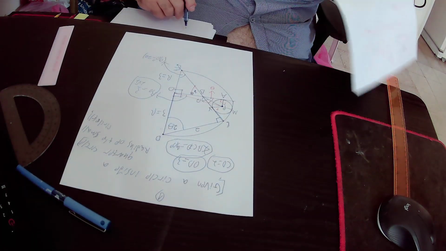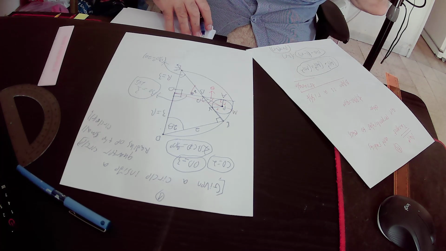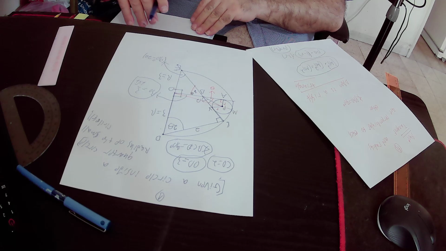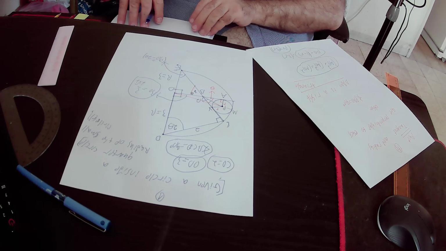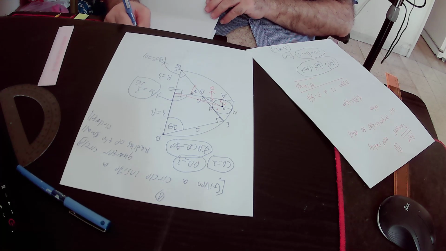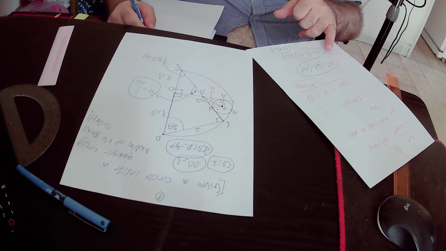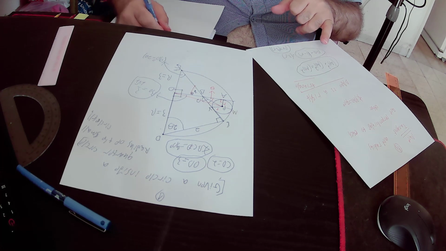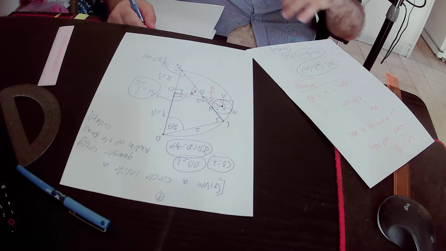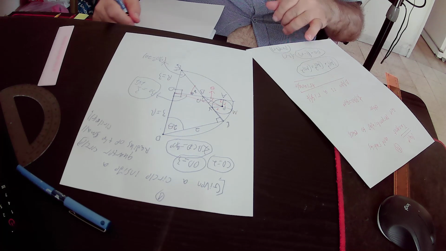And AP is the radius of the small circle, so in total we will get that AP square, which is small r square, plus AO square equals PO square.